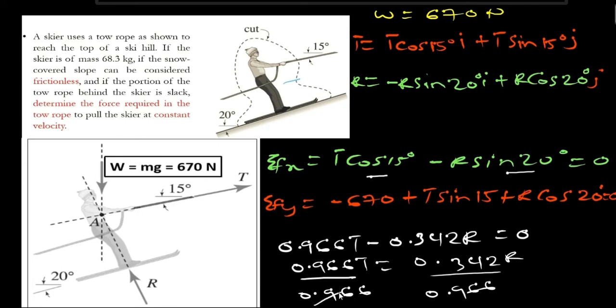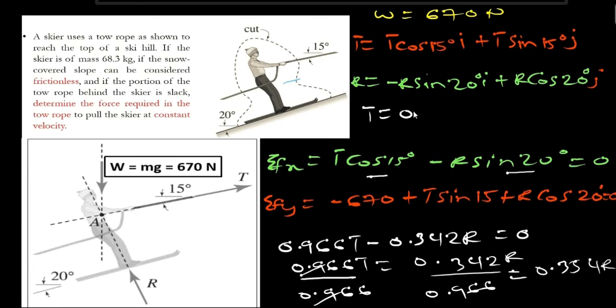So that would be 0.342 divided by 0.966. So at the end I got my T to be equal to 0.354 R. So that's the value for T.